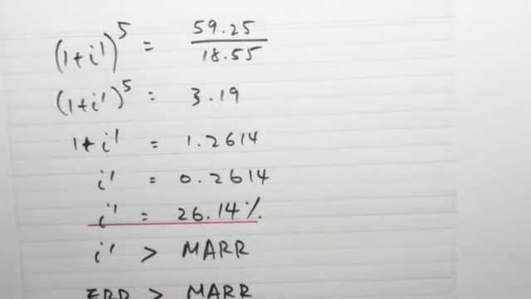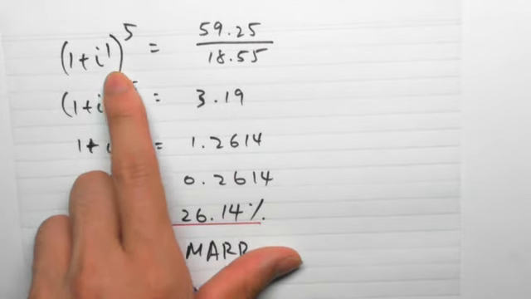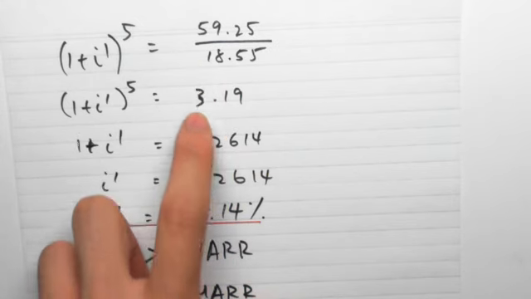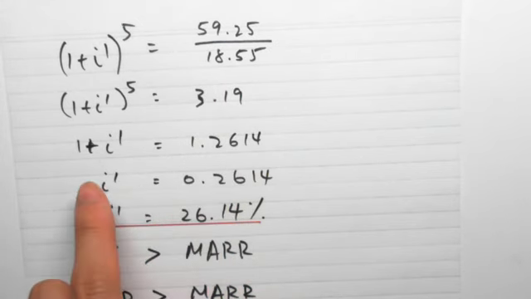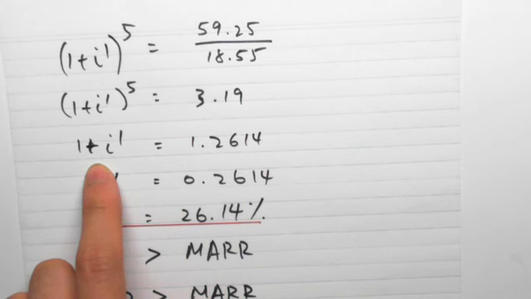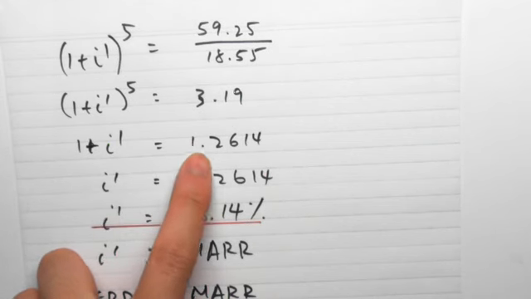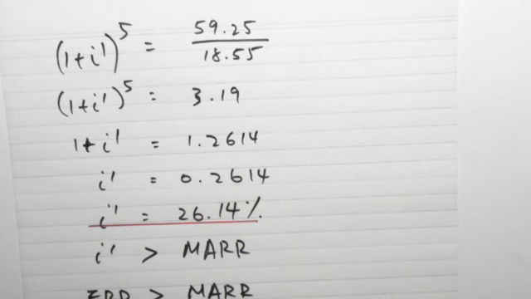We divide both sides by the 18.55. We evaluate this fraction and get 3.19. Then we take the fifth root of both sides, and so we get 1 plus I dash equal to 1.2614, and we subtract 1 from each side, so we get that our I dash is 0.2614, meaning our external rate of return is 26.14%.